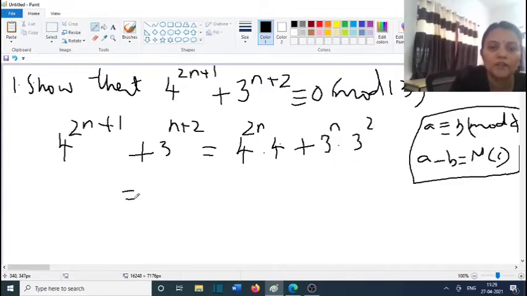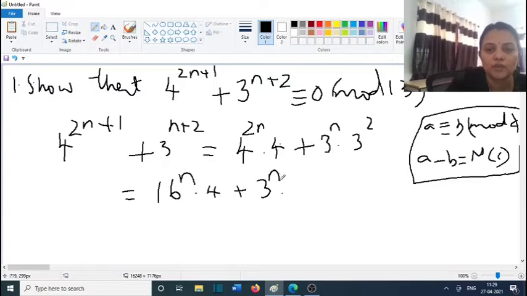Here we can write 4 raised to 2n as 4 square raised to n, or 16 raised to n, into 4 plus 3 raised to n into 3 square. Now we have to show this is a multiple of 13.